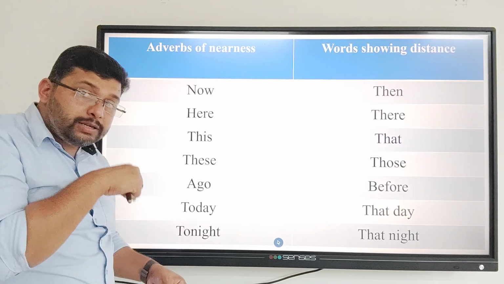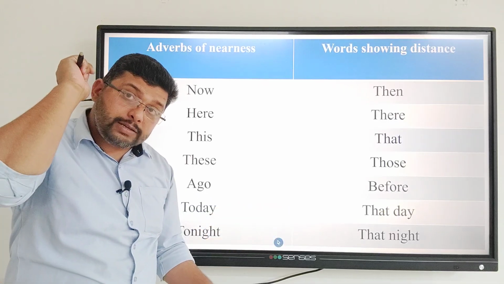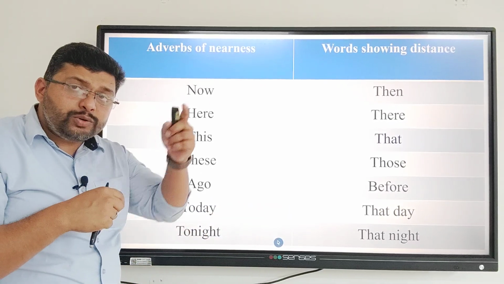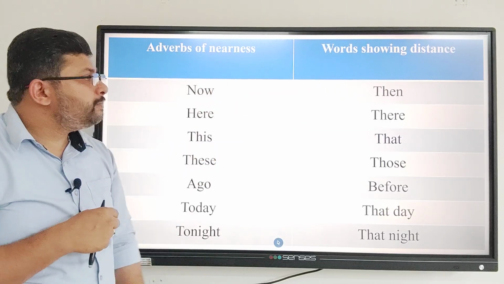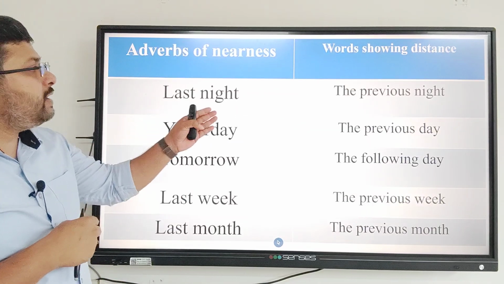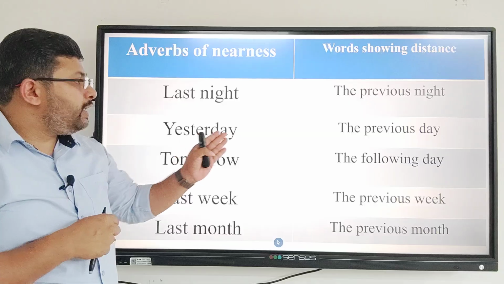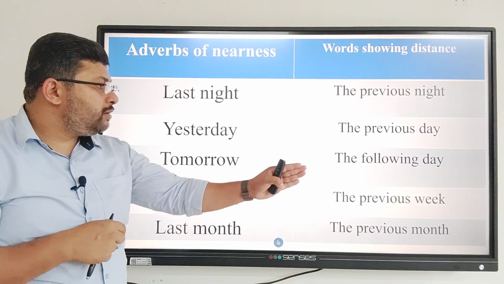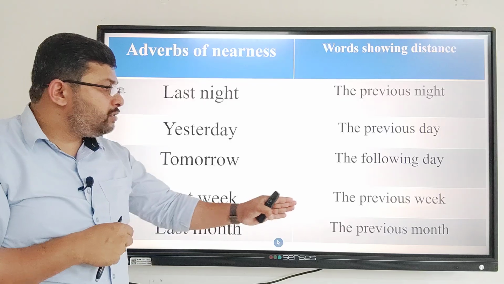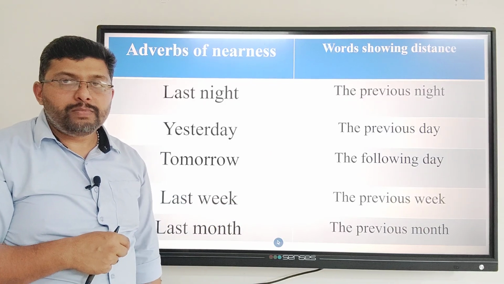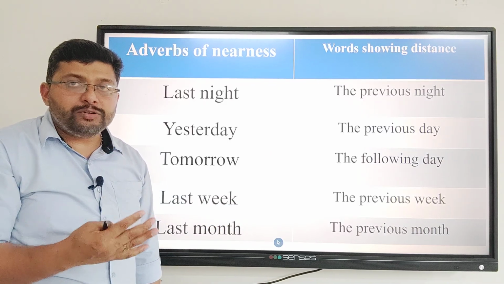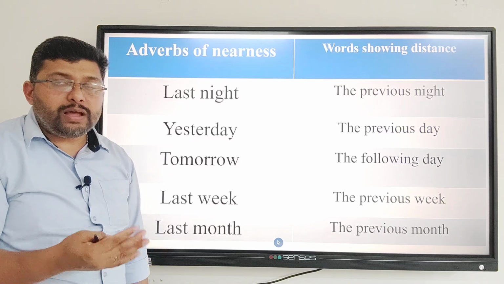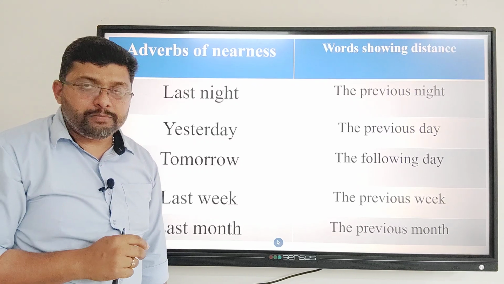Again, tonight, that night. Adverbs of nearness will be changed into words of distance. Again, a few more words. Last night, the previous night; yesterday, the previous day; tomorrow, the following day; last week, the previous week; last month, the previous month. These are the changes that happen to adverbs of nearness. So through practice and through worksheets you will get a better idea.